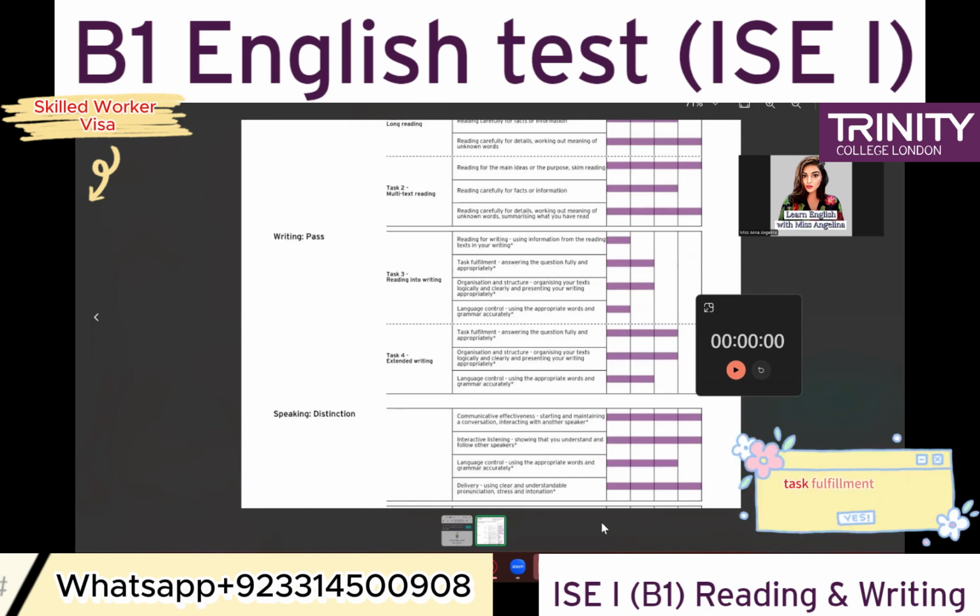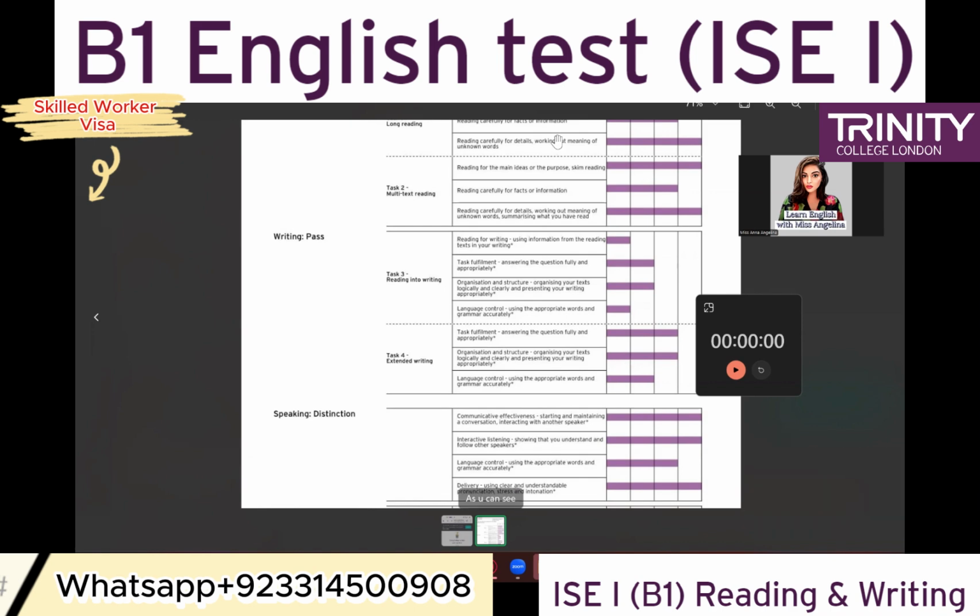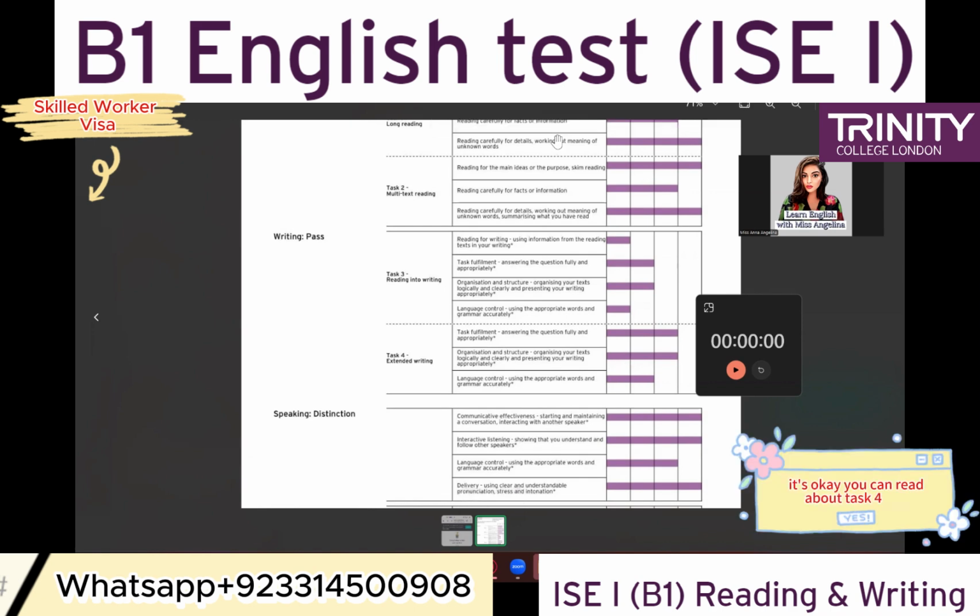This is task 4's. It's okay. You can read about task 4 also. You'll understand what to do.